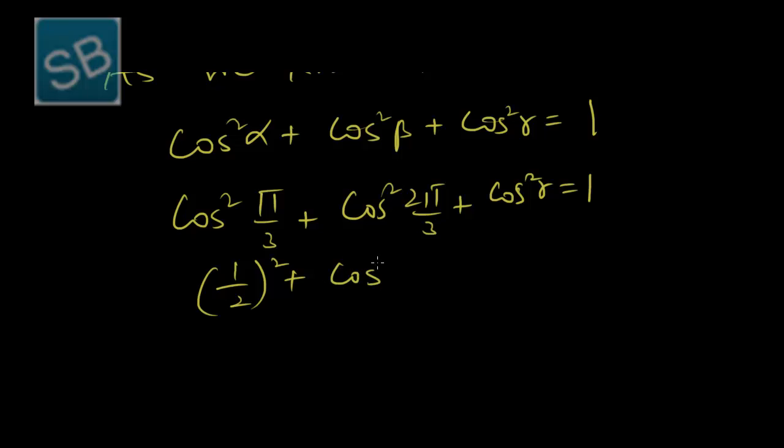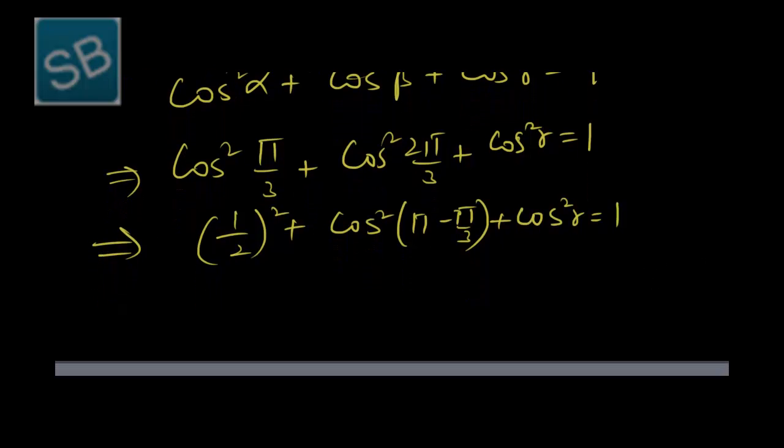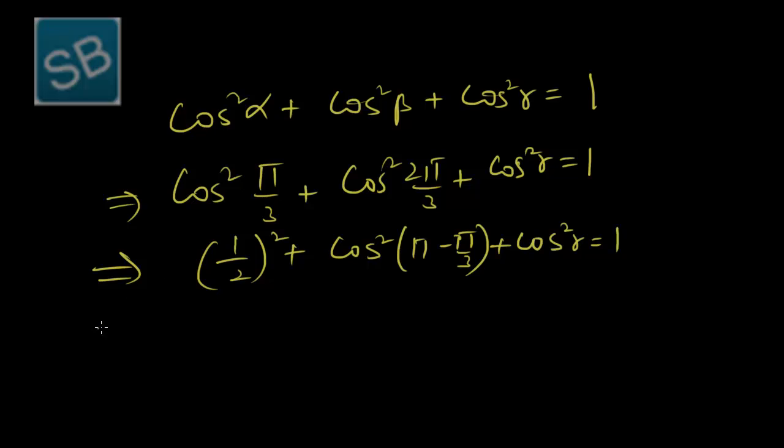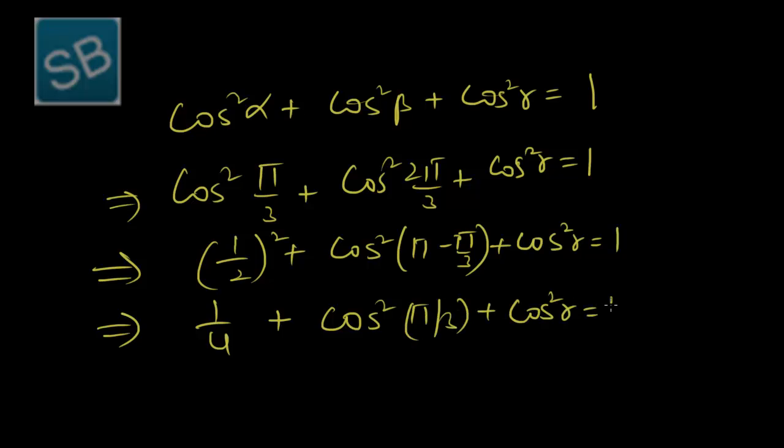Cos 2 pi by 3 can be found as cos of pi minus pi by 3, and cos of pi minus theta is minus cos theta, but here it is squared, so it becomes cos squared pi by 3 plus cos squared gamma is equal to 1.